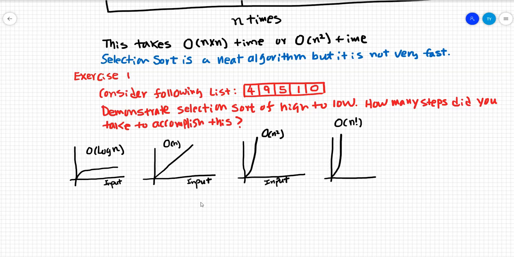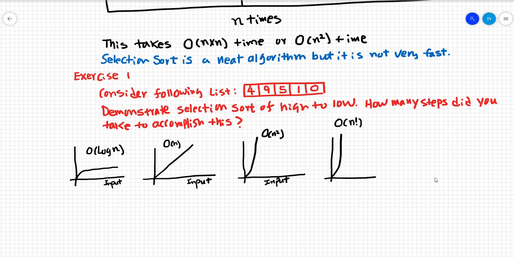From those 720 different ways, you find the shortest route, whichever gives you the shortest distance is the one you're going to take. And that's going to be the O of n factorial here.